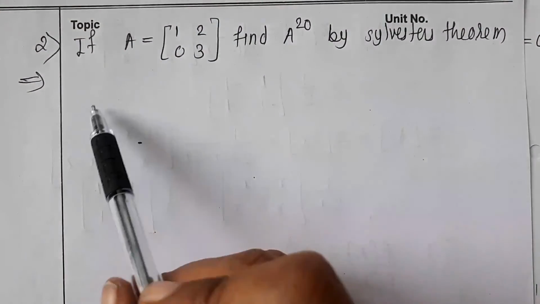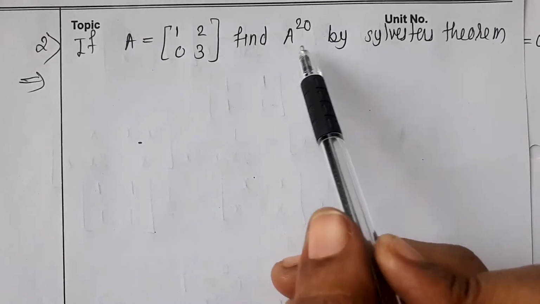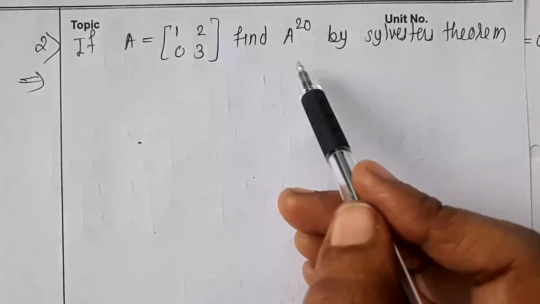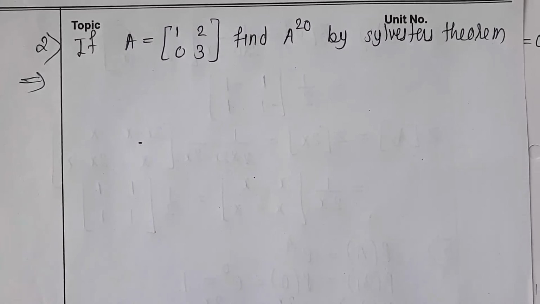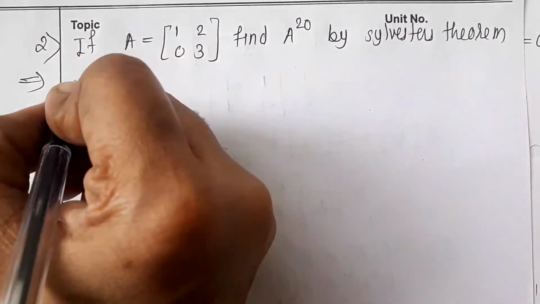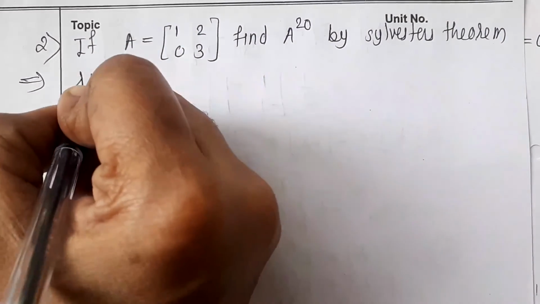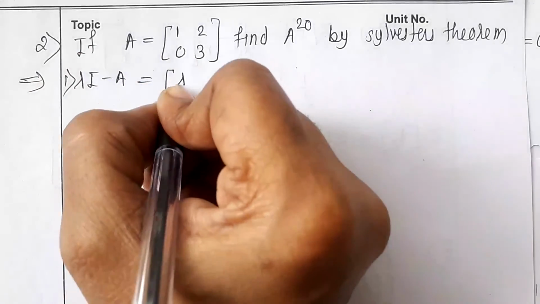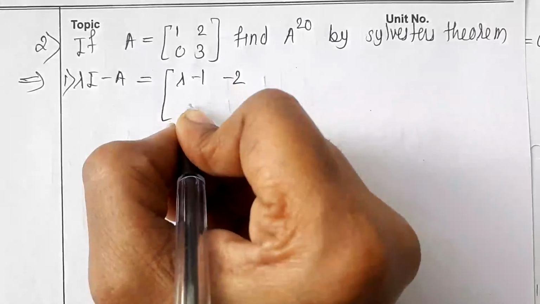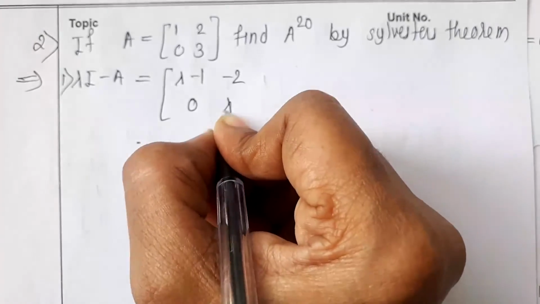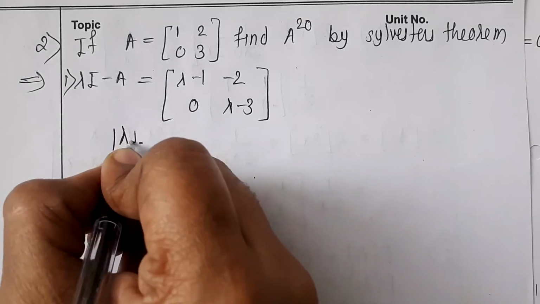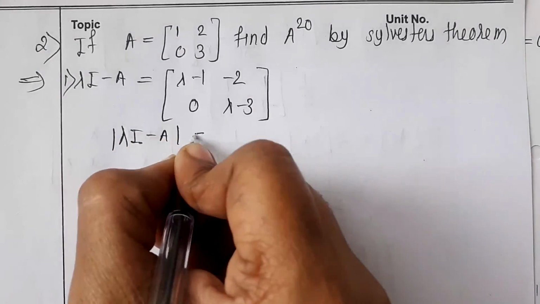Now see, in this question, if A is given, then find A to the power 20 by using Sylvester theorem. So A to the power 20 will be our statement, and then we follow the same procedure. First, find out the matrix lambda I minus A. So it is equal to lambda minus 1, minus 2, 0, and lambda minus 3. Then the determinant of lambda I minus A is equal to 0.